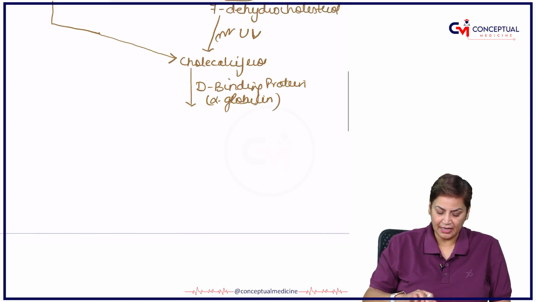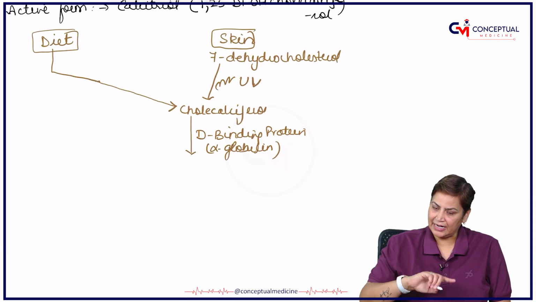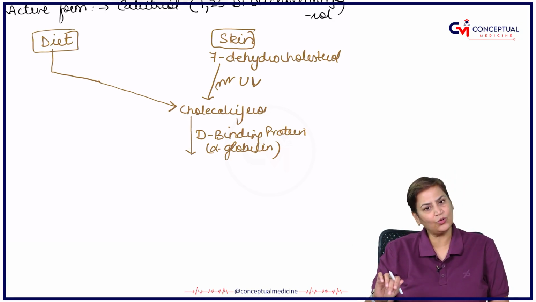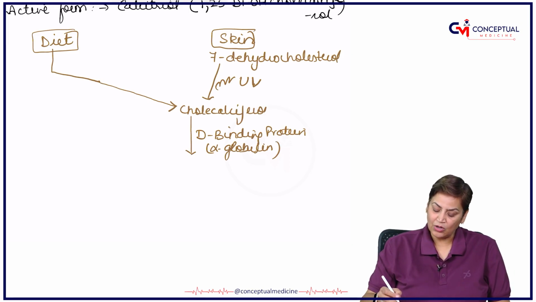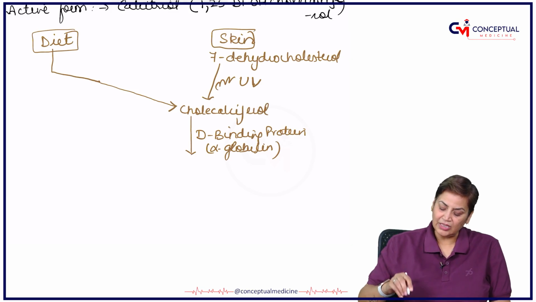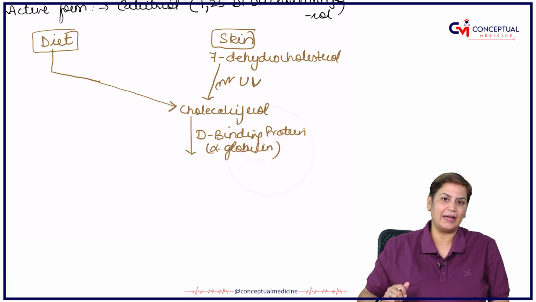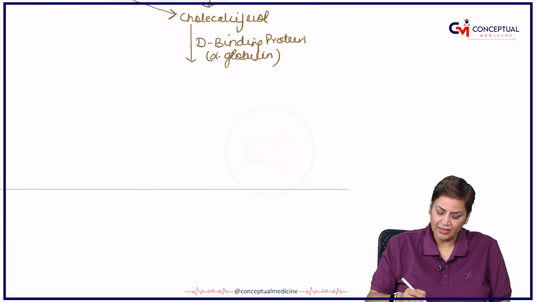I'll just repeat it again. Vitamin D we are getting from the diet, and in the skin 7-dehydrocholesterol is present. In the presence of the sun rays it is converted to form cholecalciferol. Now this cholecalciferol, because I told you it's a fat soluble vitamin, will bind with the D-binding protein, DBP, and it will first of all enter the liver.